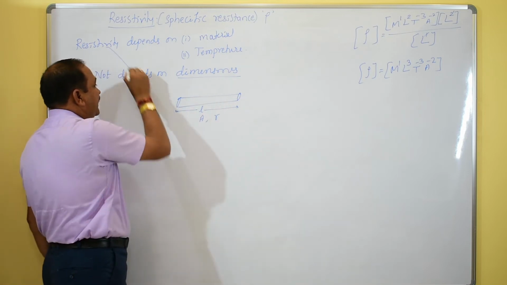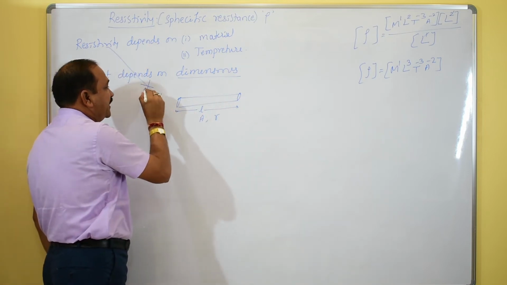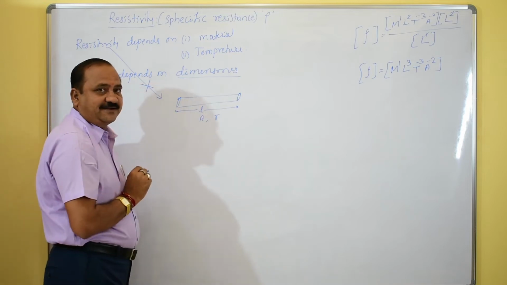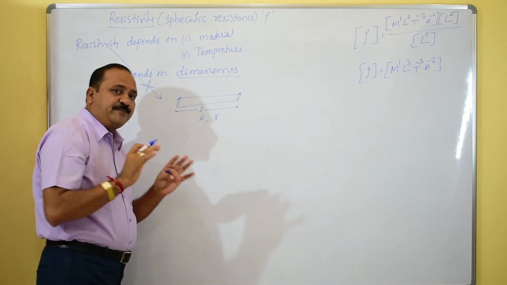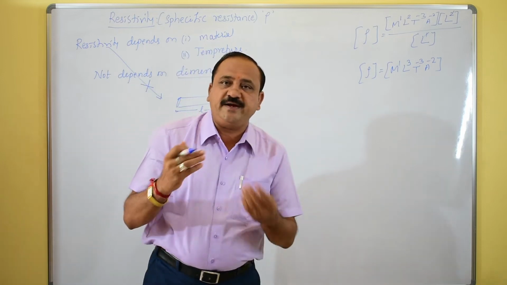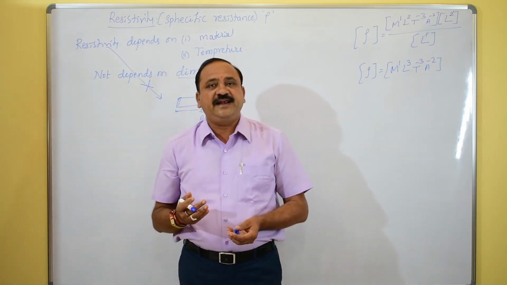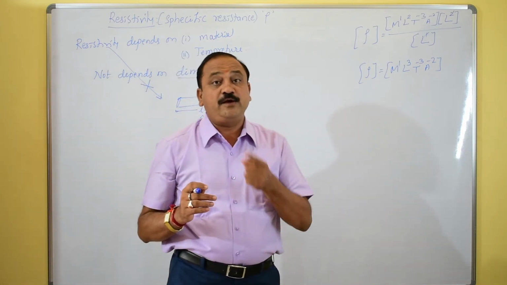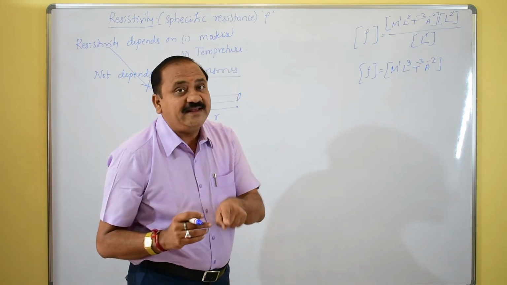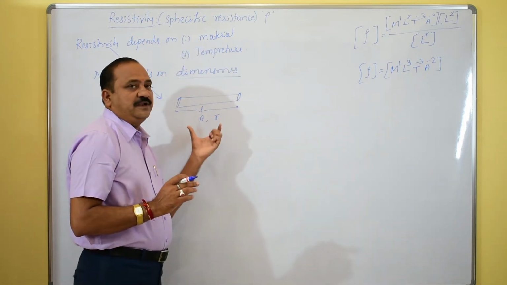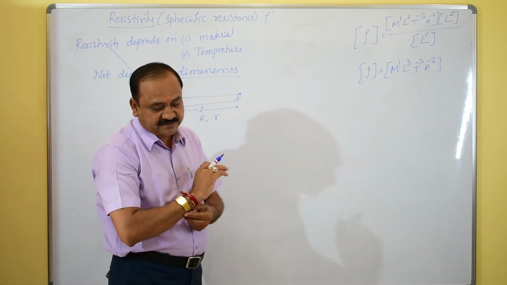But resistivity does not depend on any of these factors. It does not depend on the length, the cross-sectional area, or the radius. It only depends on the material and also the temperature. That is also a most important concept.